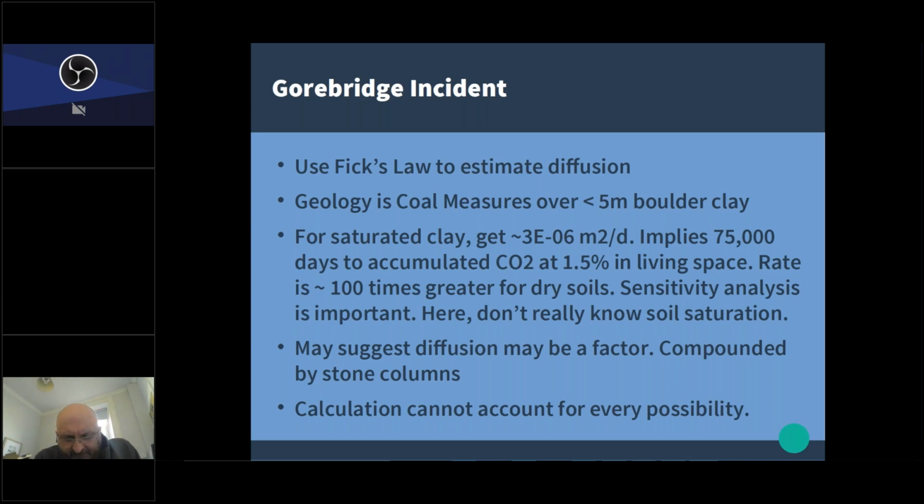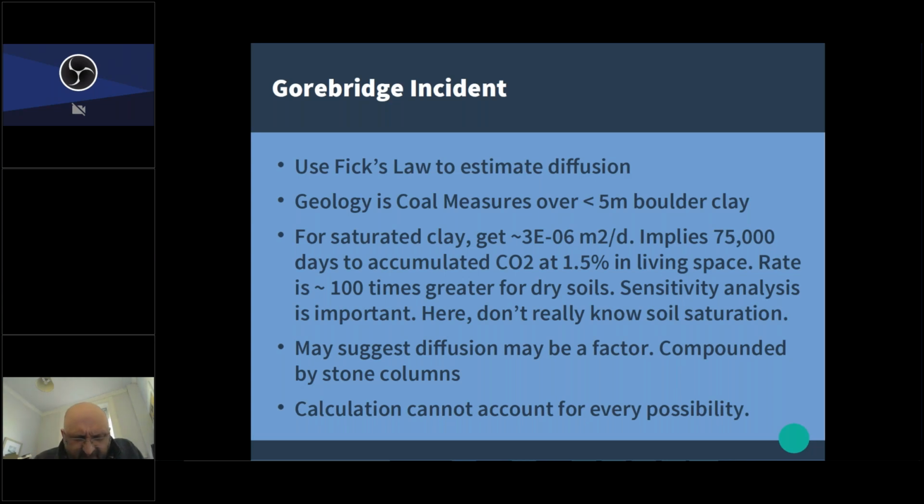You could carry out similar calculations for advection, but in general, as I said earlier, when you've got low permeability soils, advection isn't really a major issue. This does remind us, though, that just because you've got till, it doesn't necessarily follow that there's not going to be a risk. It's something to bear in mind.